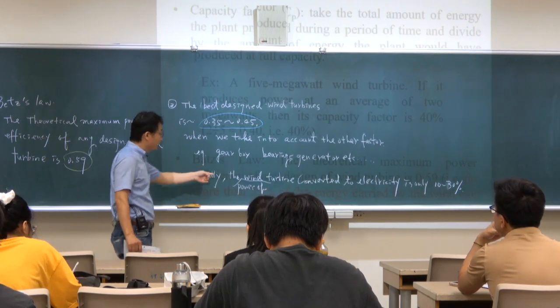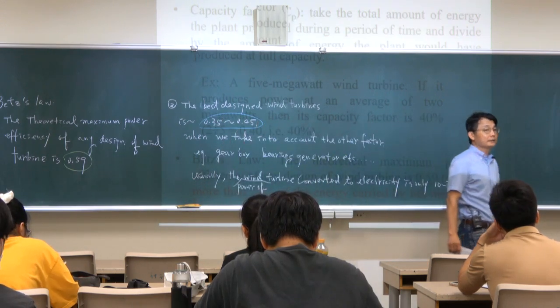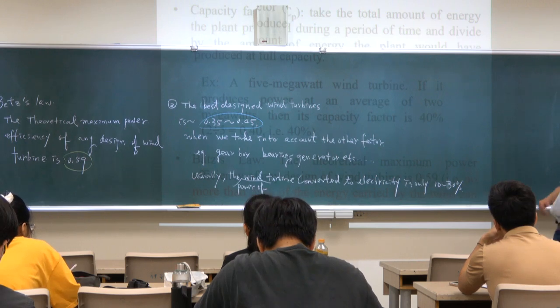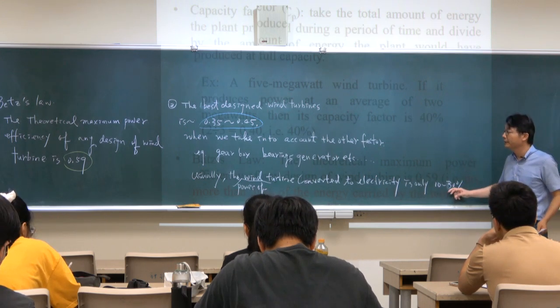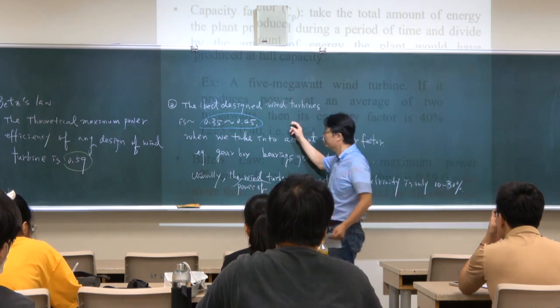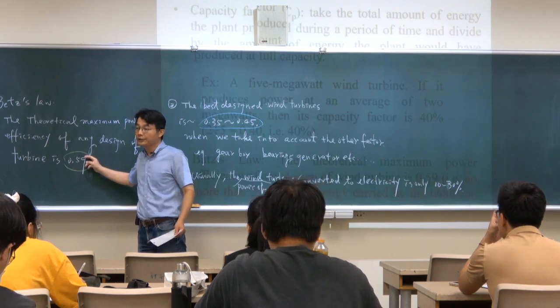So usually it's only 10 to 30%, okay. So this is, I would say, for a real situation, and this is for the best design, and this is only for theory.